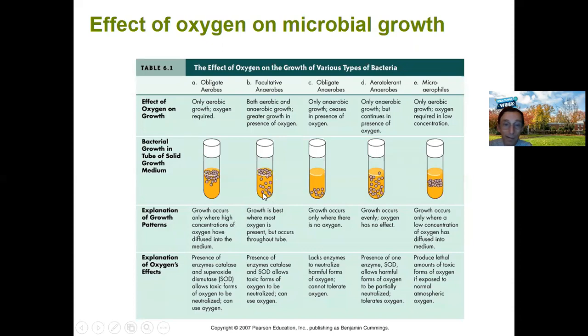And where there's no oxygen, you will get a little bit of growth because it's a facultative anaerobe. It can grow without oxygen. It either switches to anaerobic respiration or to fermentation when there's no oxygen. So throughout the tube, you'll get growth, but you'll get the most growth at the top of the tube. And as you go down the tube, you'll get less and less growth.